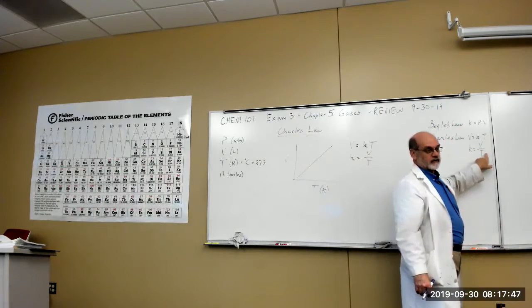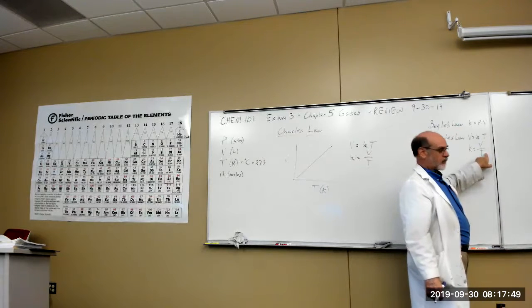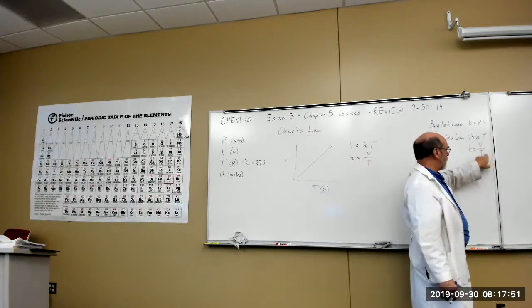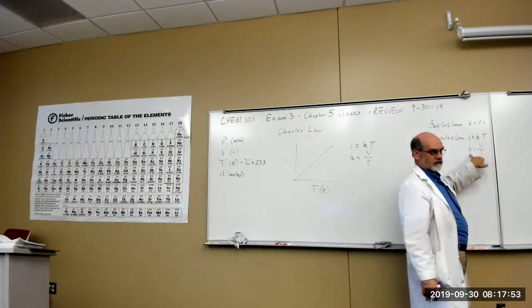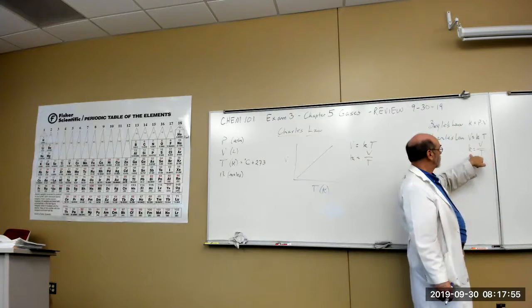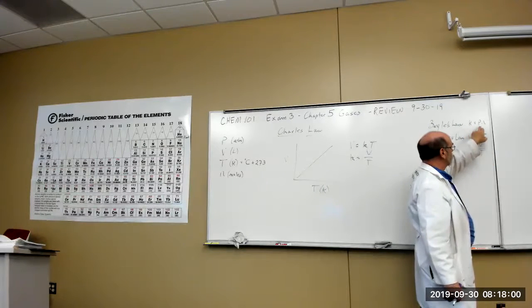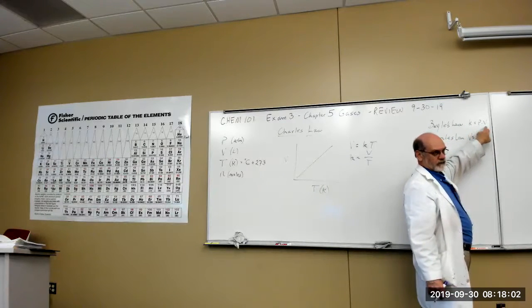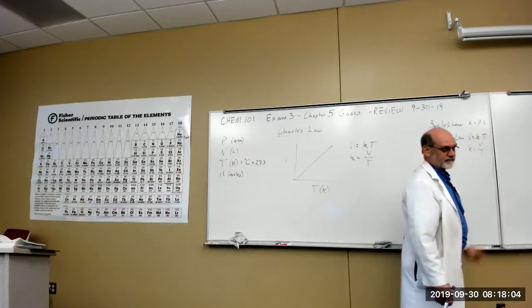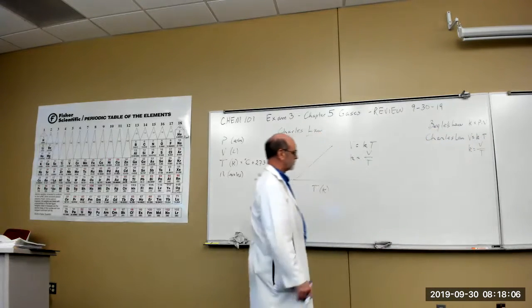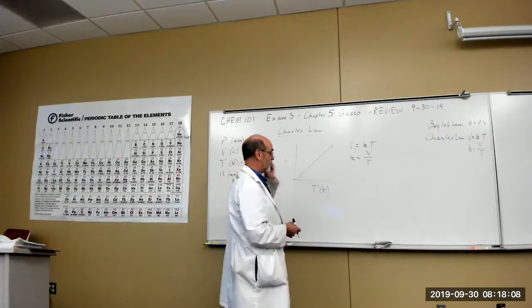That's always a direct relationship. In other words, as this one goes up, that one has to go up to keep the constant. Whereas in this condition, in order to be constant, if this one goes up, that one has to go down. Okay. That's the point that I'm trying to make there.